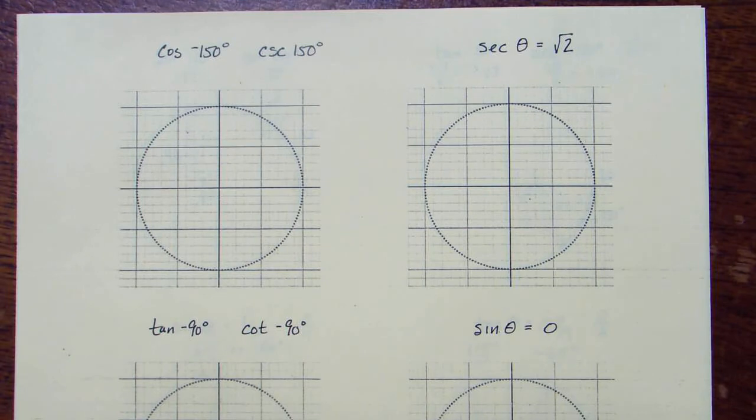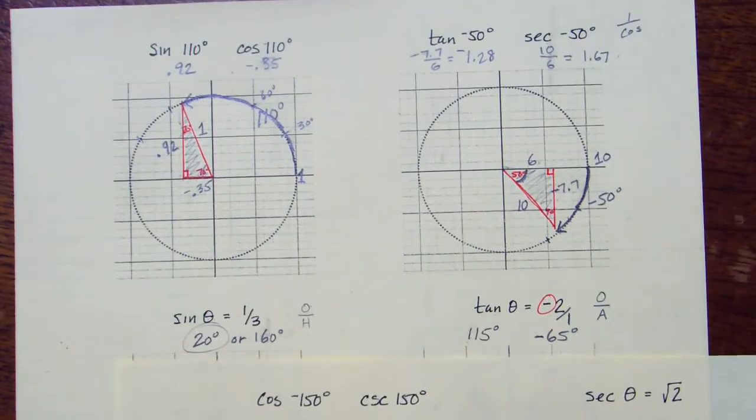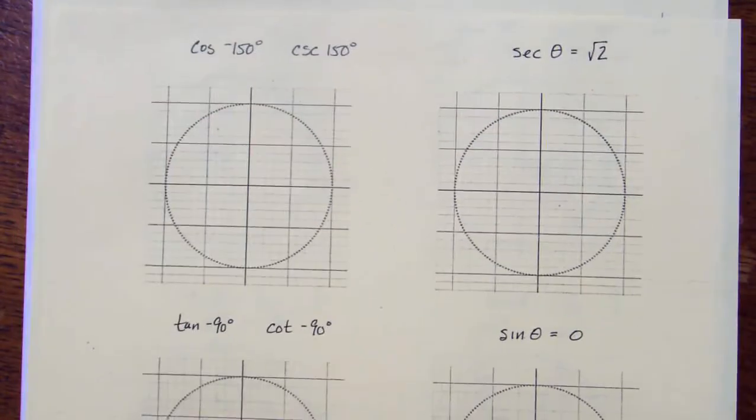I know I am. So now we're going to look at some ideas that I kind of built upon the previous video of estimating trig values. But now we're going to talk more about getting exact trig values.